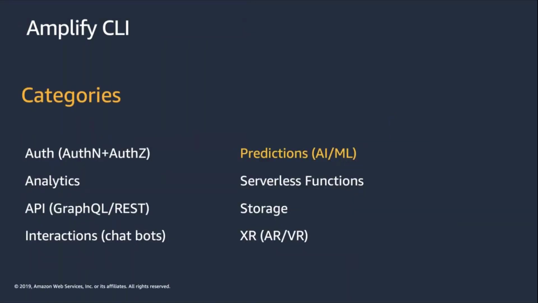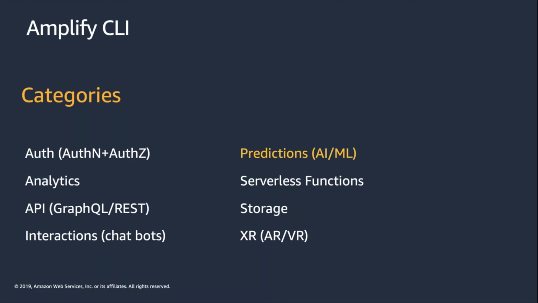Moving on. As I talked about categories earlier for the Amplify Framework, these are all of the categories that the Amplify CLI supports. So you have auth, analytics, API, and interactions, if you want to design chatbots and use those in your front-end application. Then we have predictions, which is our AI/ML based use cases, and that's our focus for the webinar.